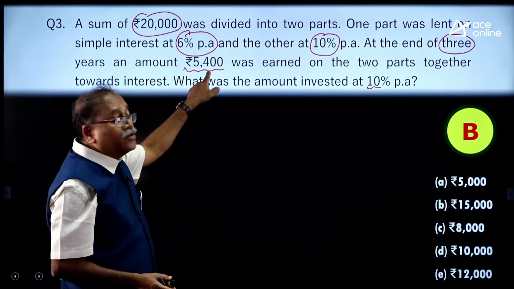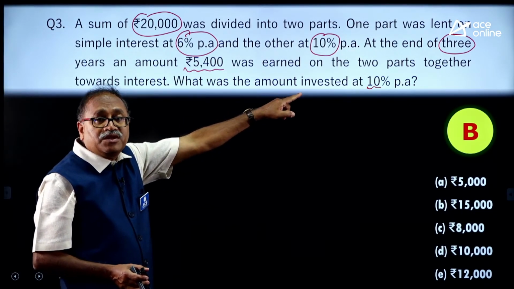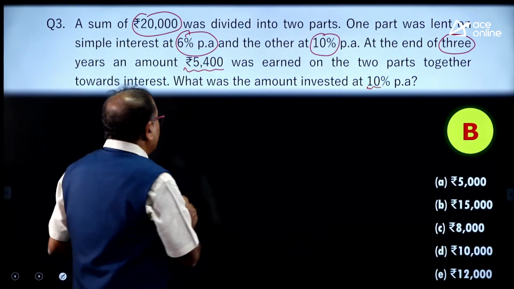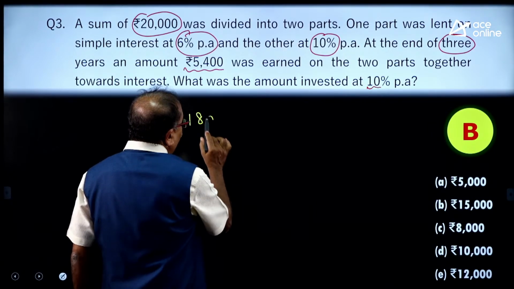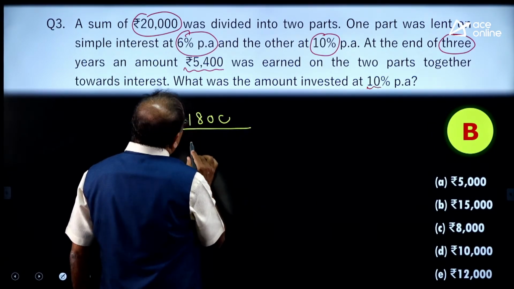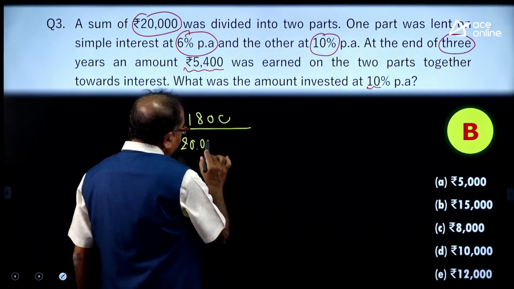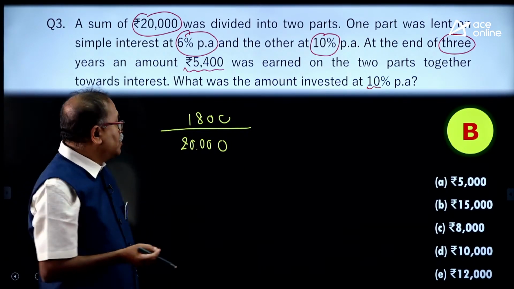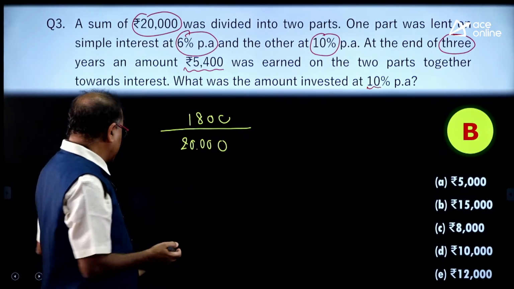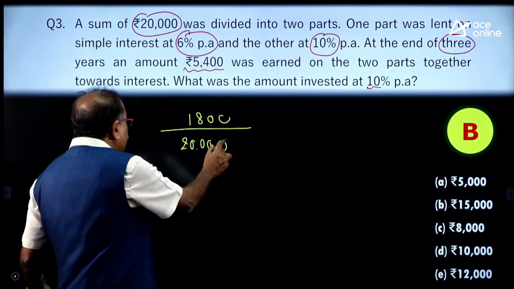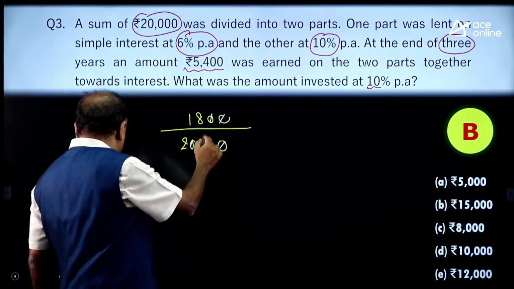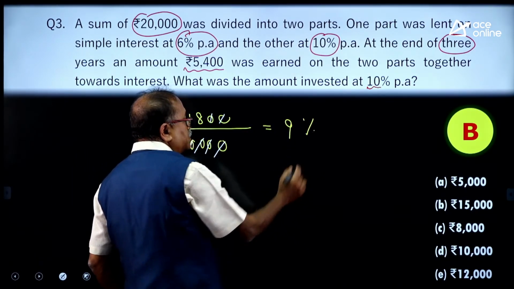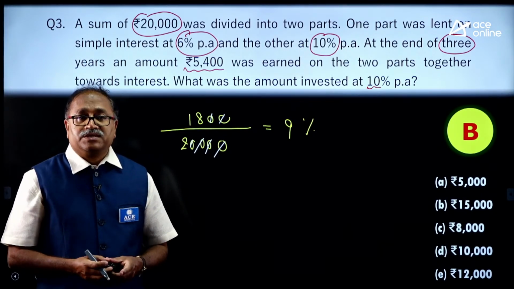I repeat, 5400 for 3 years, divide that by 3, you will be getting the 1 year interest, which is 1800, and the principal is 20,000, right. This will give us the rate of interest. Now, let us cancel this, as into 100 will be there, this 20 gets cancelled, another 20 gets cancelled, and I notice that I am getting 9% interest. That is my mean interest.